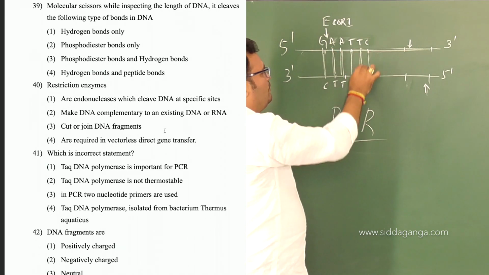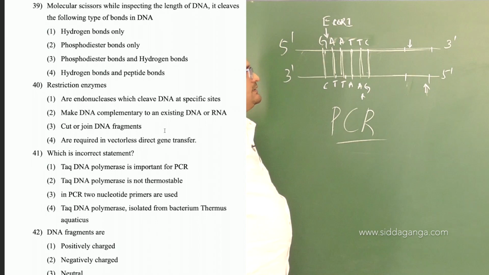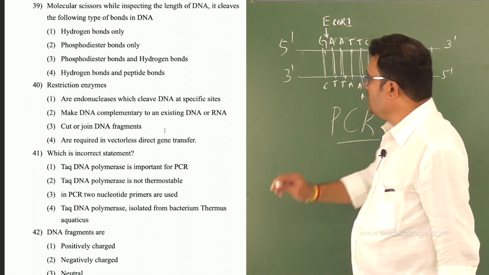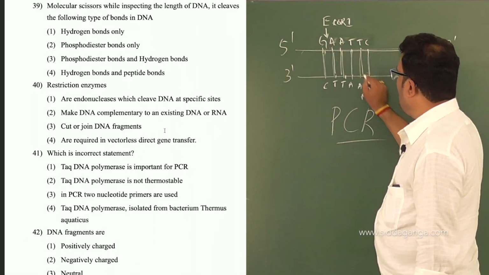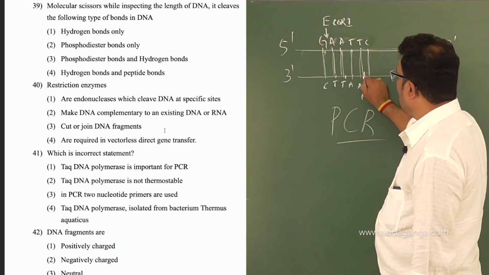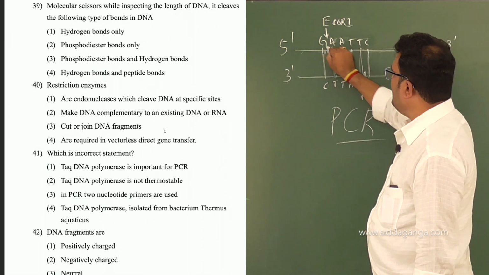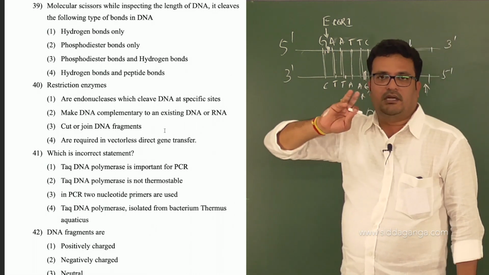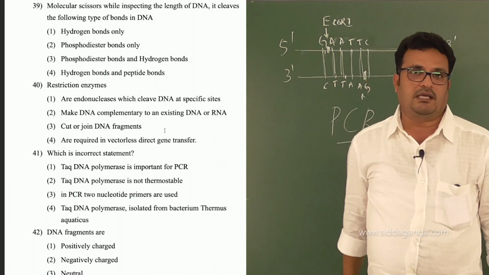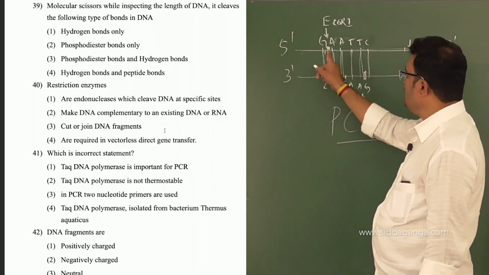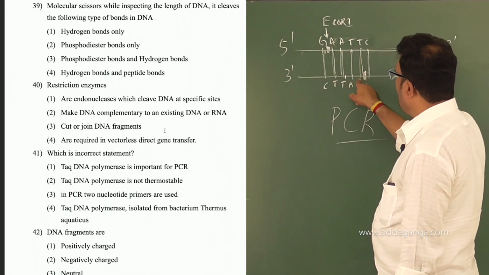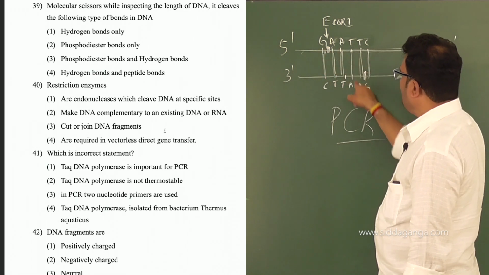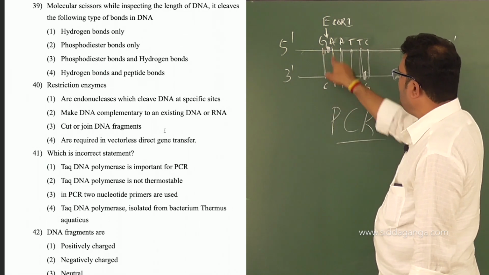When this enzyme starts breaking, it acts between the G and A, and here also between the G and A, to cut the strands first. That is the sugar and phosphate backbone, so the phosphodiester bond is removed here, right? And ultimately, between the G and A in the opposite strands, not exactly between the G and A and C and T.